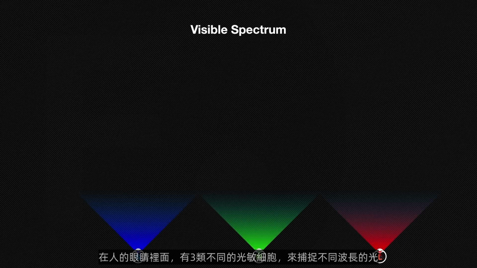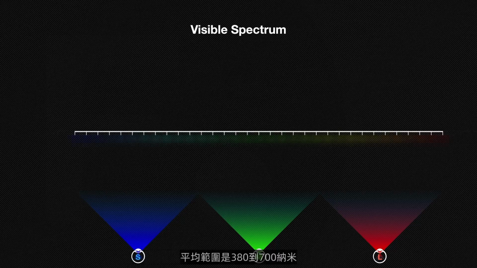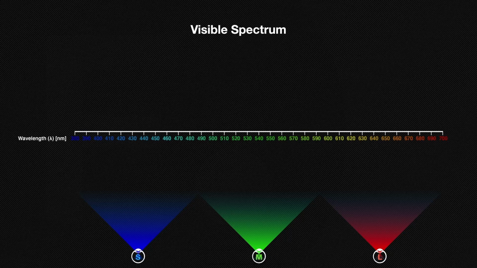Inside the human eye, we have 3 different photosensitive cells that capture different wavelengths of light. The span of those wavelengths of light is what we call the visible spectrum. The average range goes from 380 to 700 nanometers.